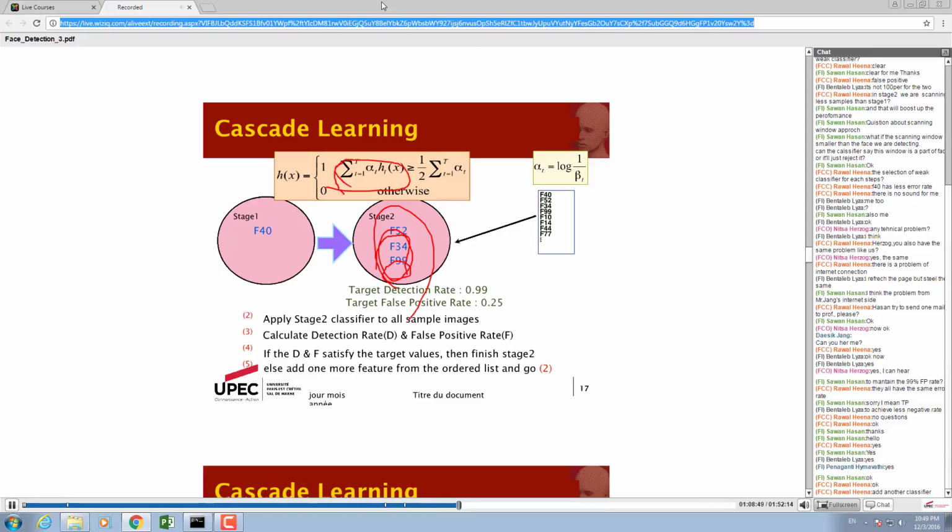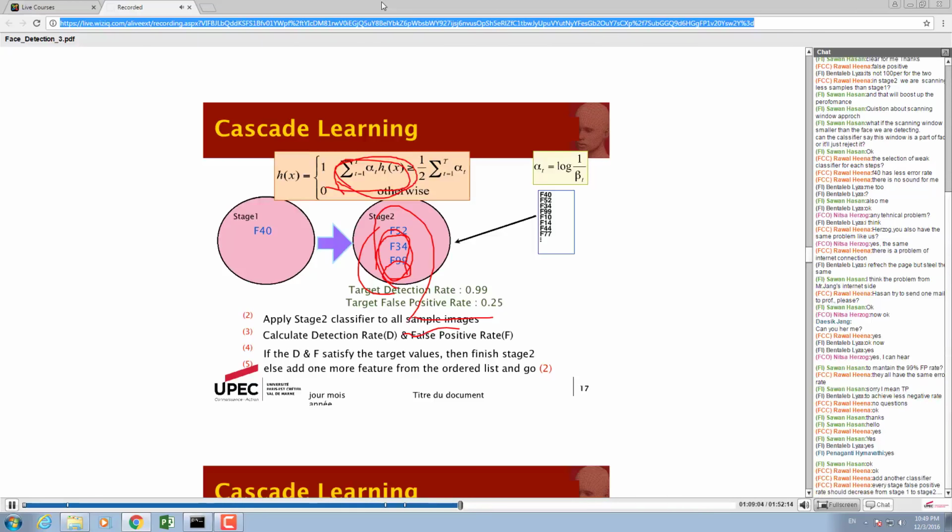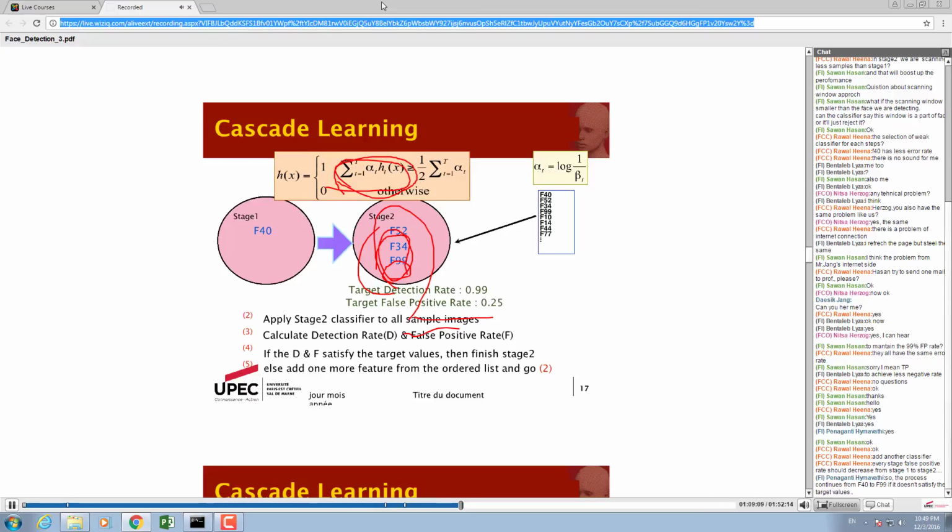So we can use the same formula: the alpha weighted sum of these 3 weak classifiers can be applied to all the samples, and then it gives us this number. The false positive rate may not be exactly 25%. It can be 25 or 24, anyway less than 25. Then we can stop stage 2 here.